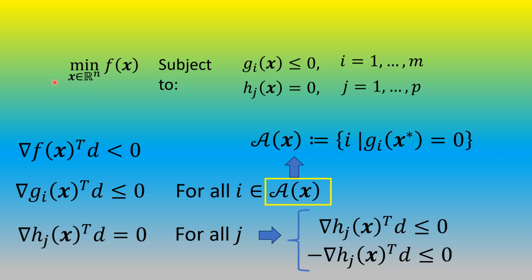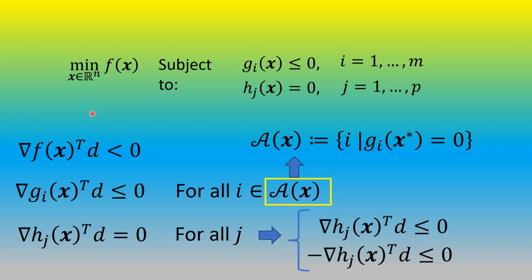So when you're trying to minimize f of x subject to the inequality and equality constraints, there are certain directions we'll call d that are feasible for when you want to go in directions in which you minimize f of x.